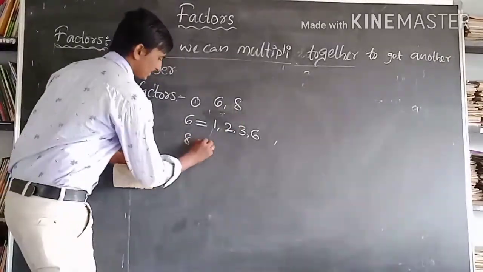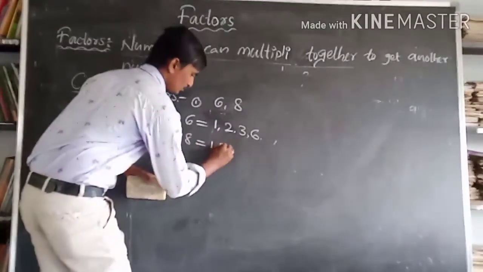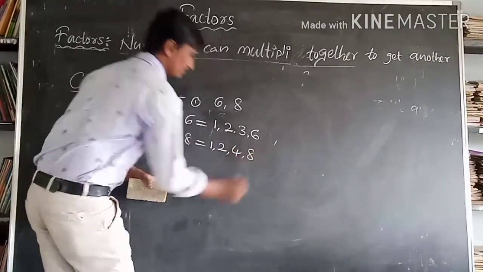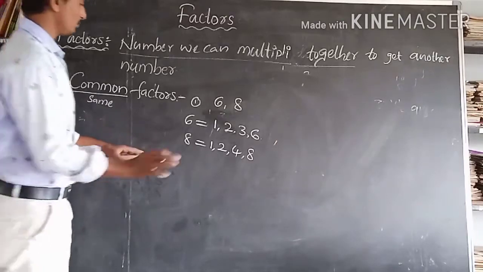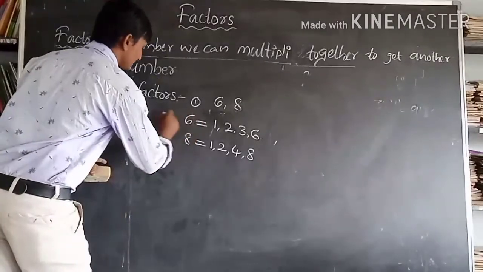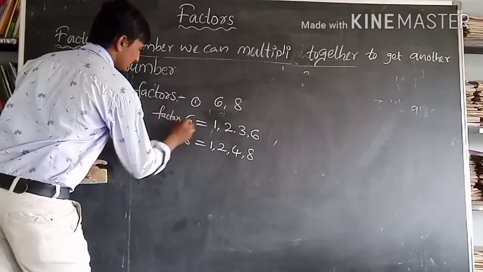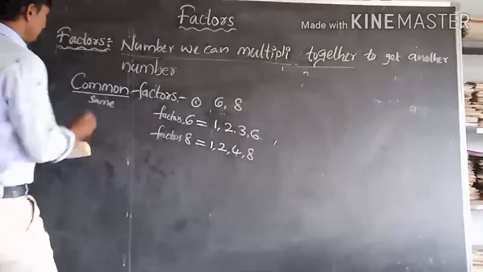Now find the factors of 8. 1, 2, very good, 4 and 8. Will one more come? No chance. So now the factors of 6 and factors of 8 are done. Now find the common factors.